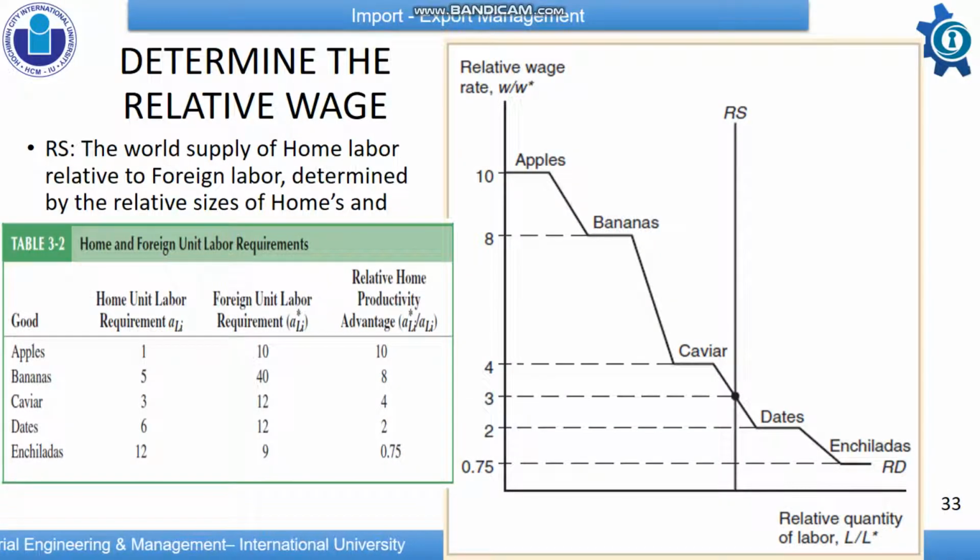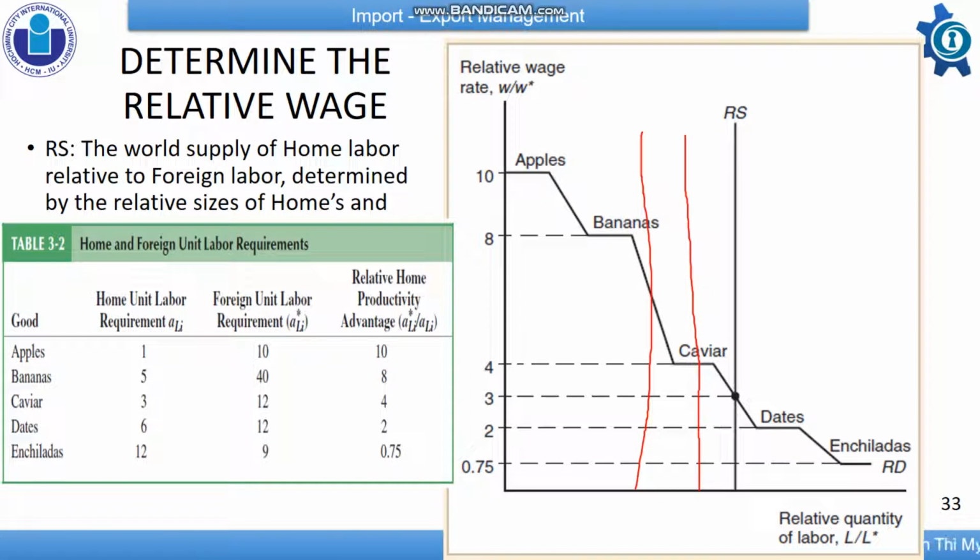What if the world supply line changes to this one? So we have the conclusion that home will produce apple, banana, and caviar, and the foreign country will produce caviar, dates, and enchiladas. What if it changes here? So we have the conclusion that the home country will produce apple and bananas, and the foreign country will produce caviar, dates, and enchiladas.